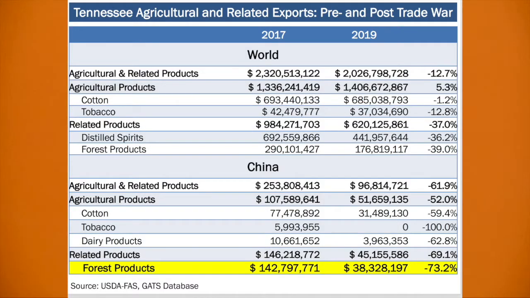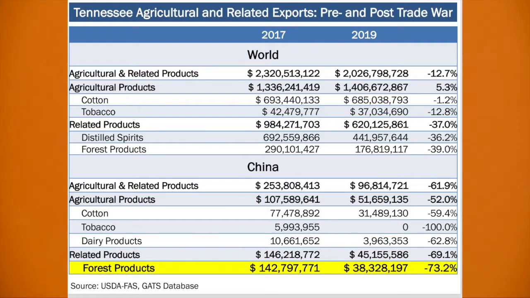Now when you get to Tennessee is where you really see significant declines for the state, particularly in the area of forest products and distilled spirits, as well as tobacco to a lesser degree. Tennessee distilled spirits exports were down 36%, forest product exports down about 40%.